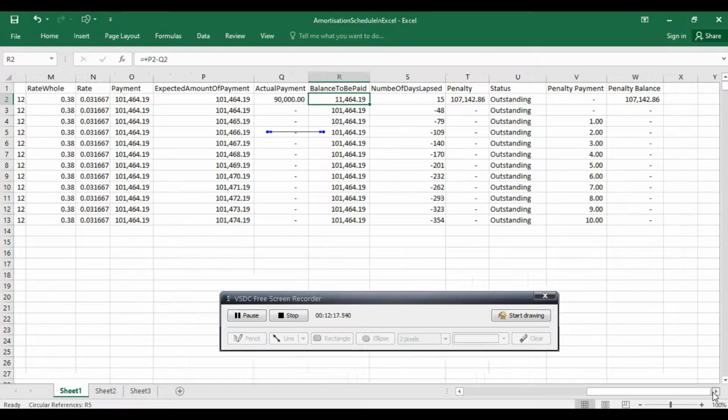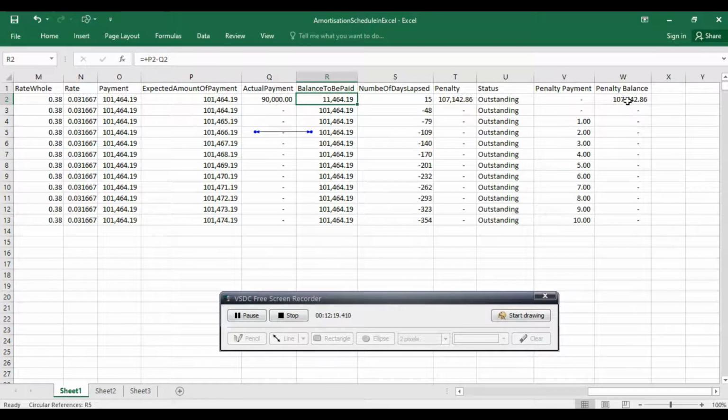And the penalty balance is 107. Let us say you have paid the penalty 107,142.86.